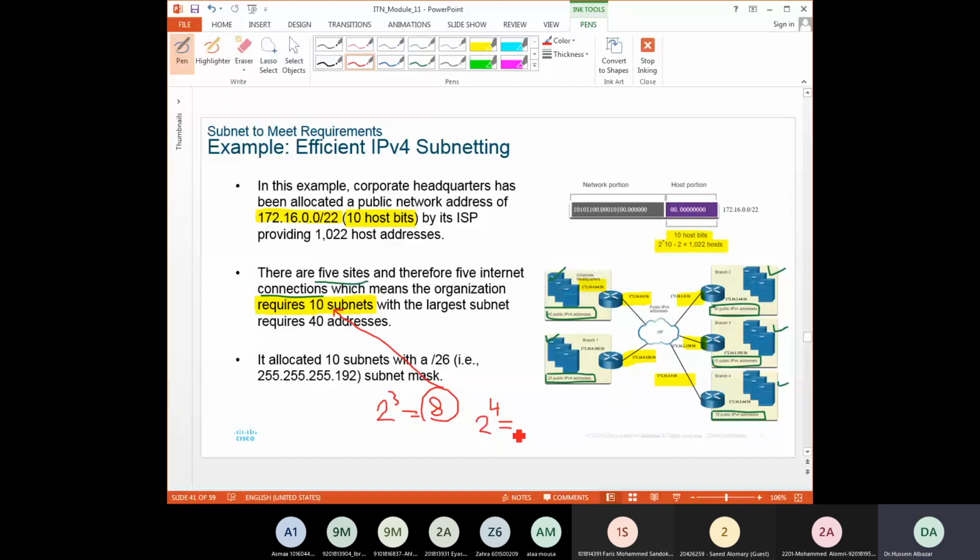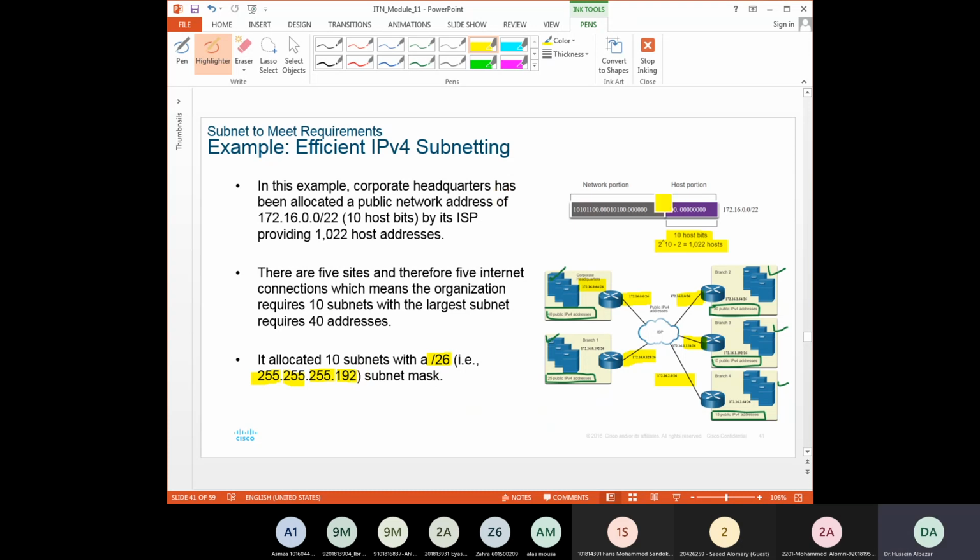So we can have our 10 subnets if we subnet our original network 172.16.0.0/22 to 172.16.0.0, but what will the prefix be? It will be /26. So the new subnet mask will be 255.255.255.192. Now, how many bits are left for the host? 6 bits.